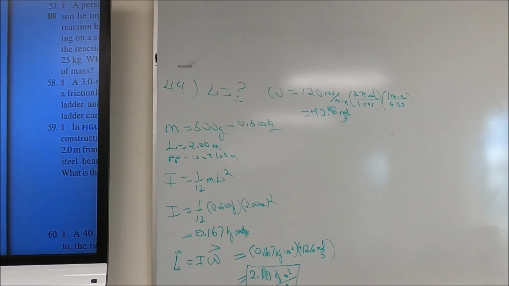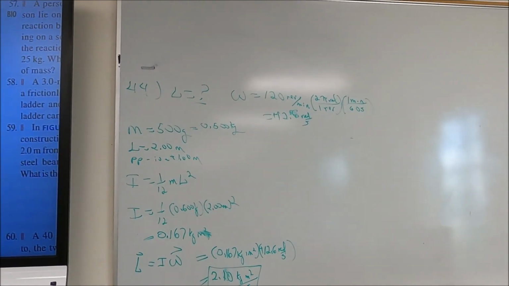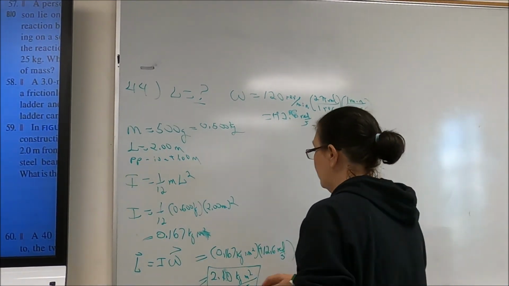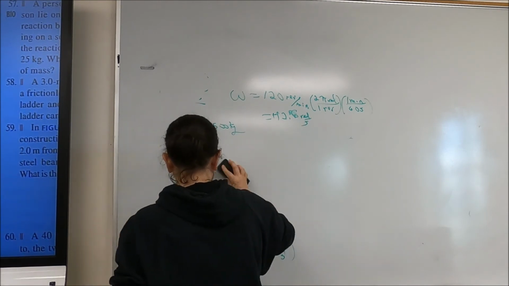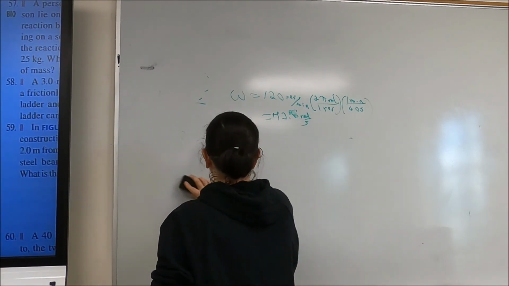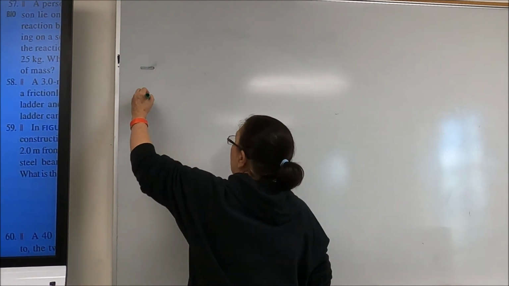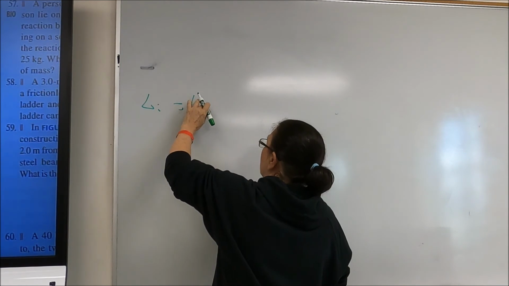Now, the last thing I have to bring up is the fact that if an object is not interacting with other objects, we can see a conservation of momentum. So L initial has to equal L final.